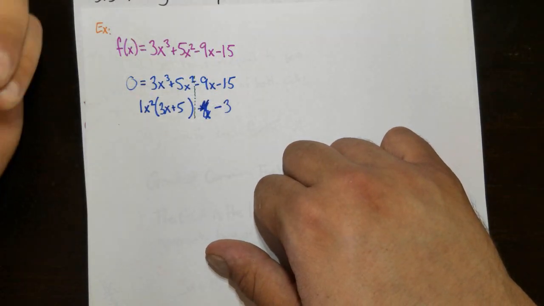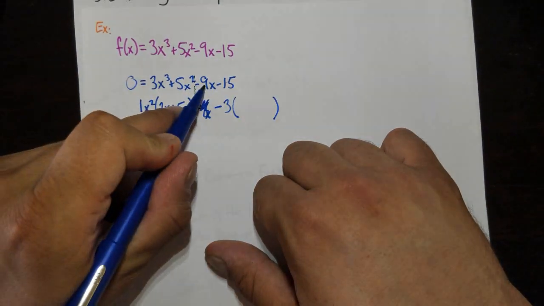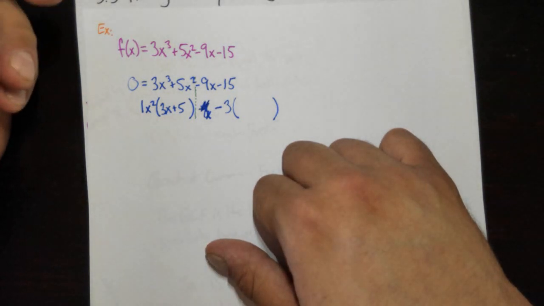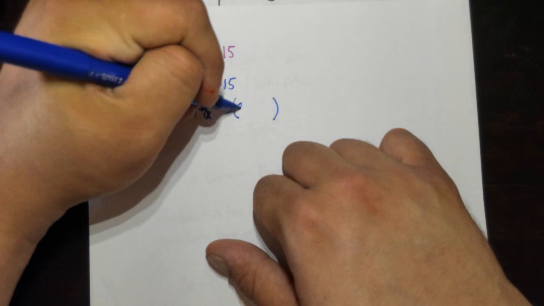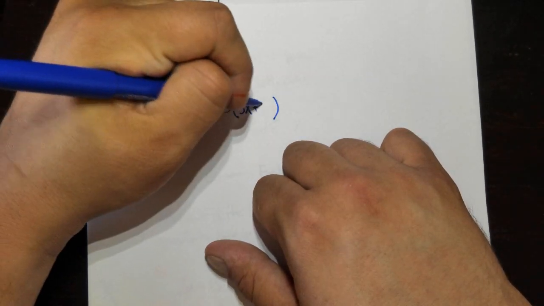We can't pull out an x because they don't have an x in common. And let's see here. So negative 9x divided by negative 3 is going to be positive 3x. And negative 15 divided by negative 3 is going to be positive 5.